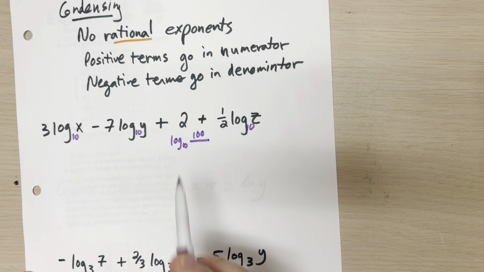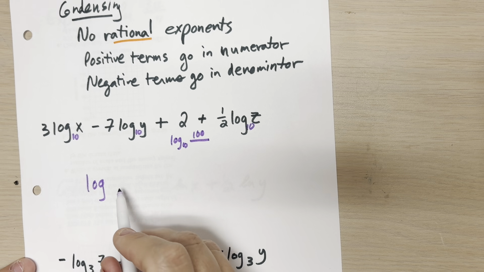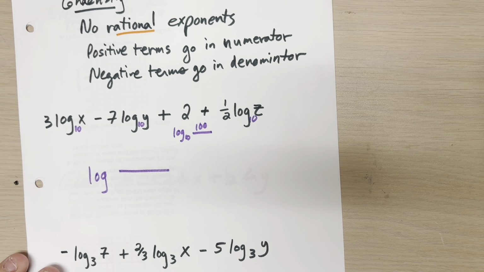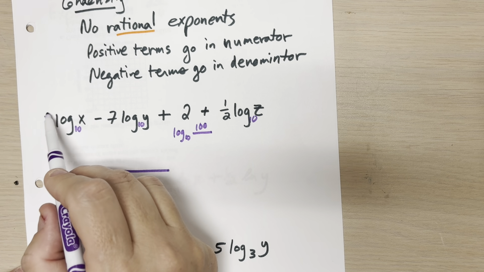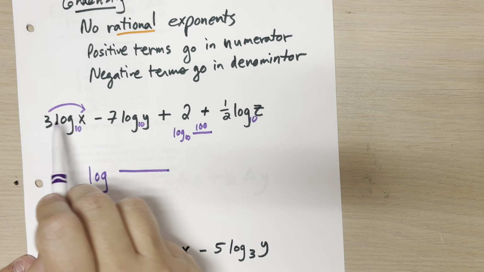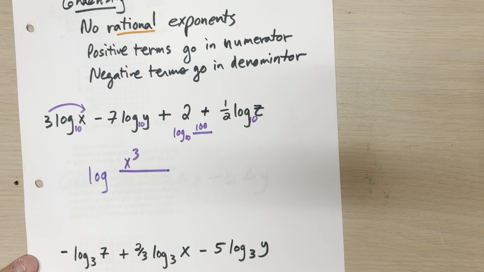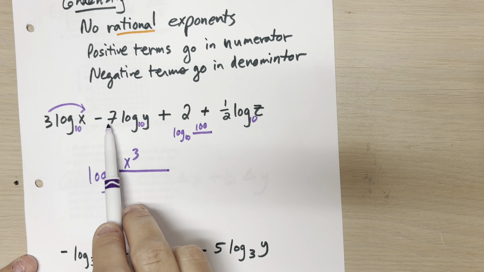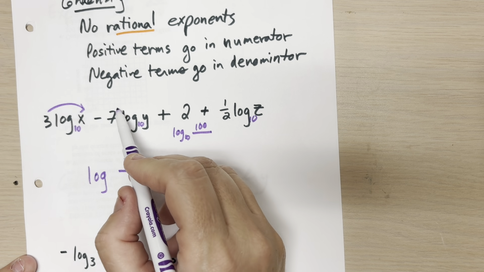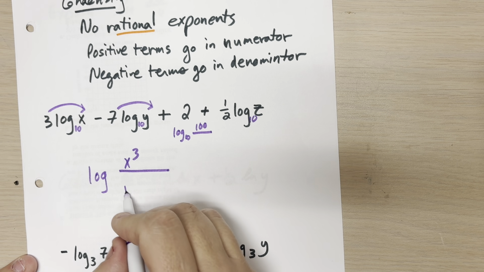I have a negative, so I know that when I'm doing this, I am going to have a fraction in my answer. The 3 is going to go up to be the exponent of x, so we're going to have an x to the third on top. Negative 7 log y, the 7 goes up as the exponent, negative sends the term down.